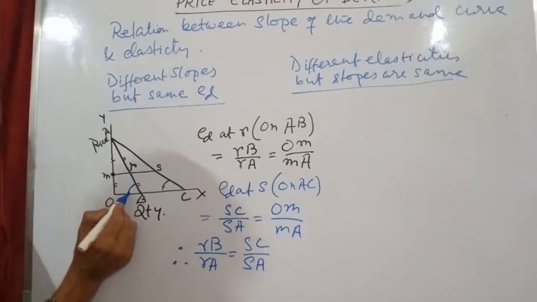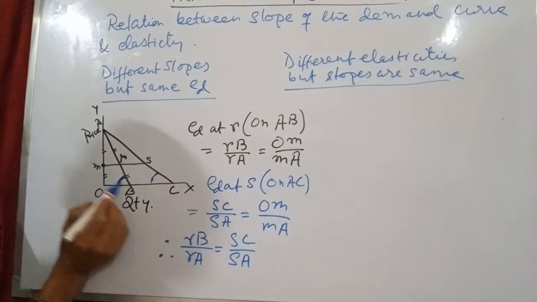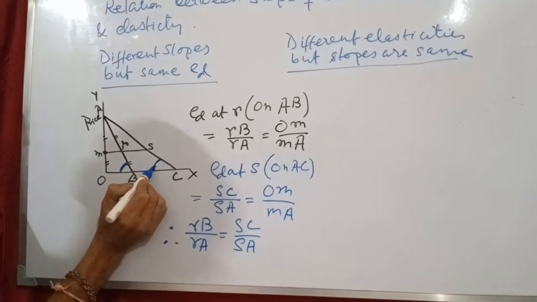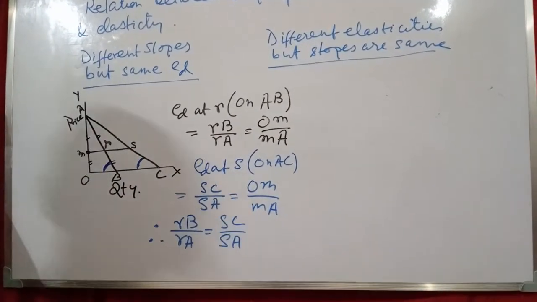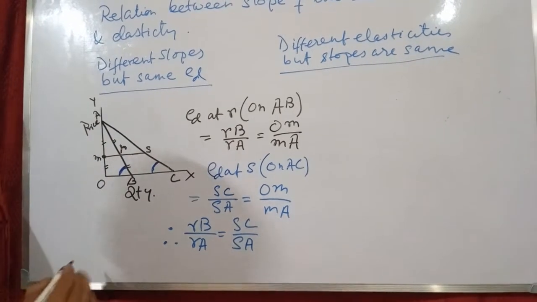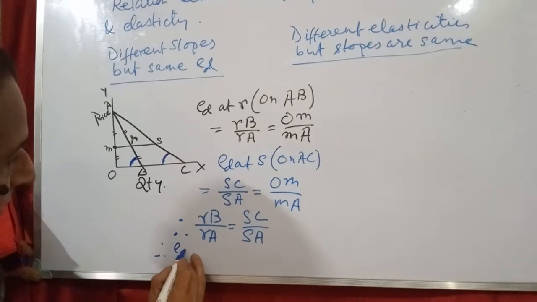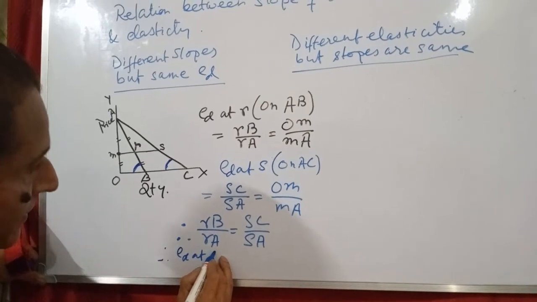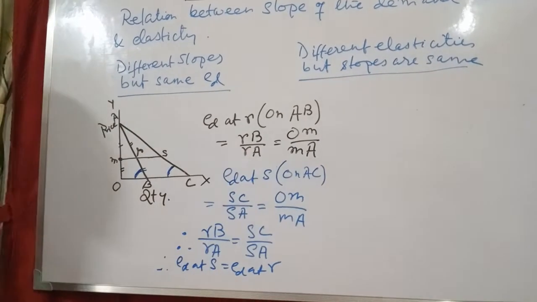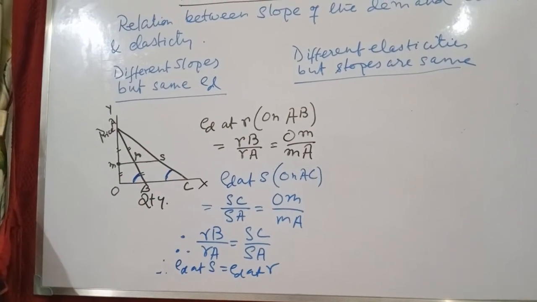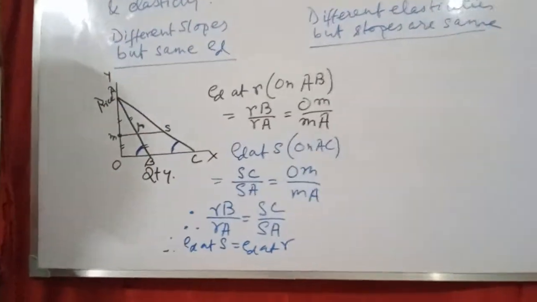Angle ABO is greater than angle ACO. So slopes are different but elasticities are the same. Therefore, ED at S equals ED at R. So slopes can be different but elasticities can be the same.